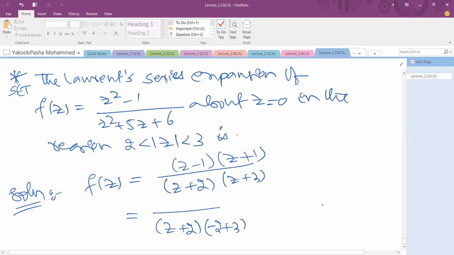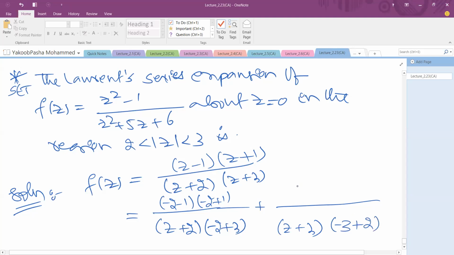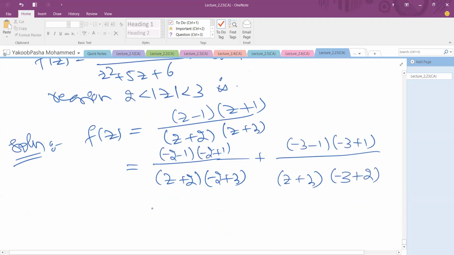Second term, z plus 3, replace z equal to minus 3: minus 3 minus 1, minus 3 plus 1 over minus 3 plus 2. Here the numerator is minus 3 times minus 1, this is 3, and the denominator is 1, so 3 by z plus 2.